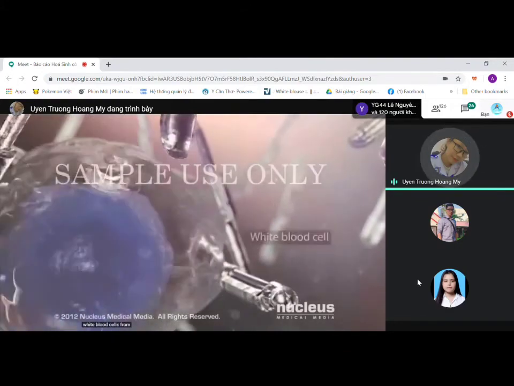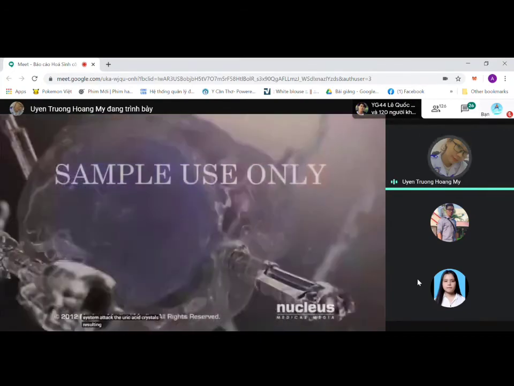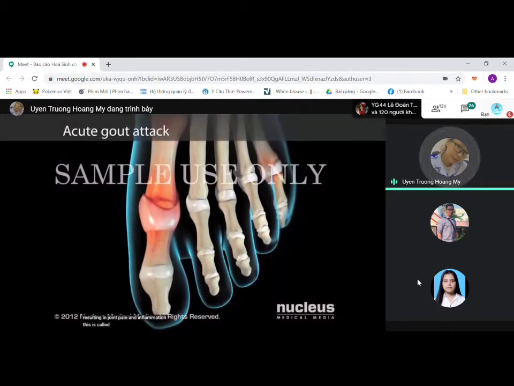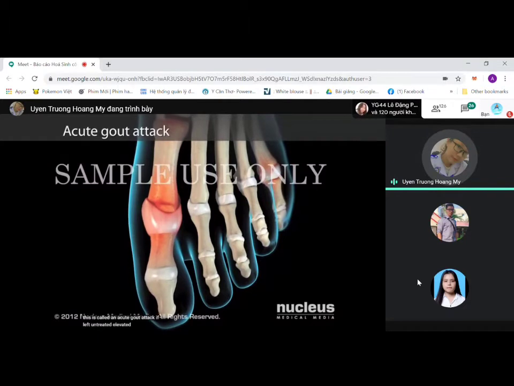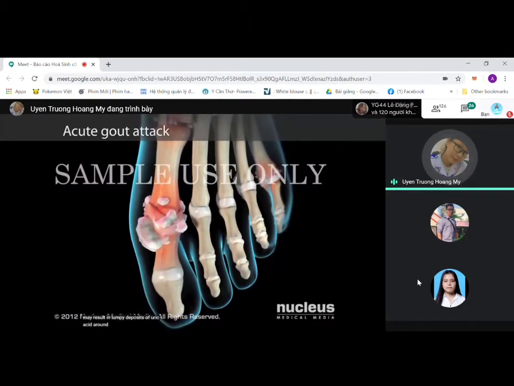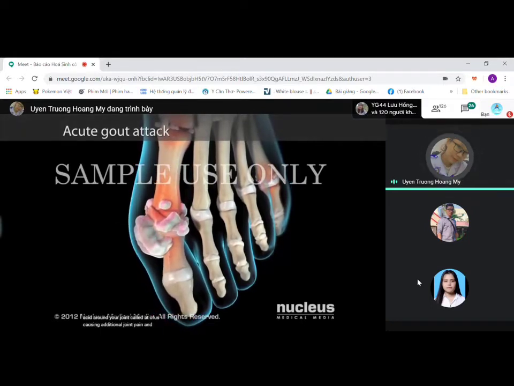White blood cells from your immune system attack the uric acid crystals, resulting in joint pain and inflammation. This is called an acute gout attack. If left untreated, elevated uric acid levels may result in lumpy deposits of uric acid around your joint, called a tophus, causing additional joint pain and disfigurement.